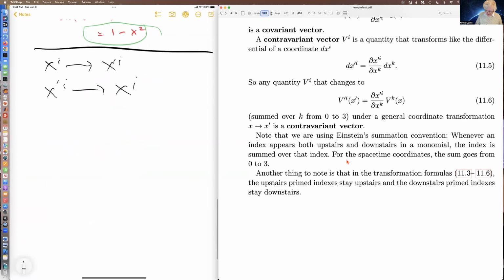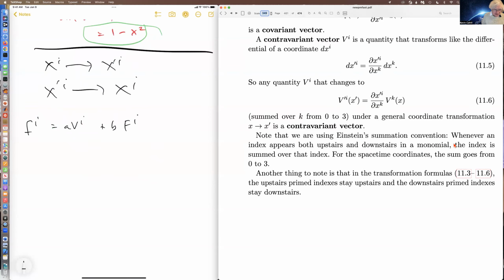Now, the reason why I said a monomial is one might have a formula, f_i is v_i plus b_i. Well, there the index i occurs twice, but it's not in the same monomial, so we don't invoke Einstein's summation convention.